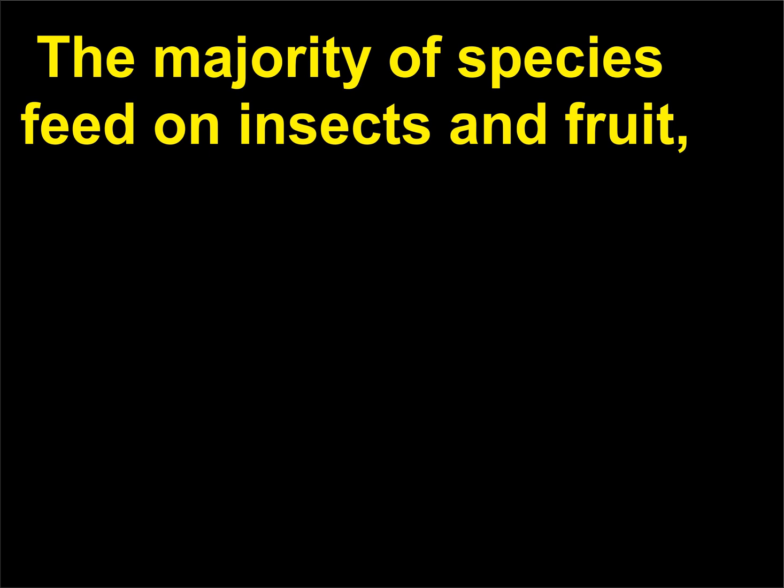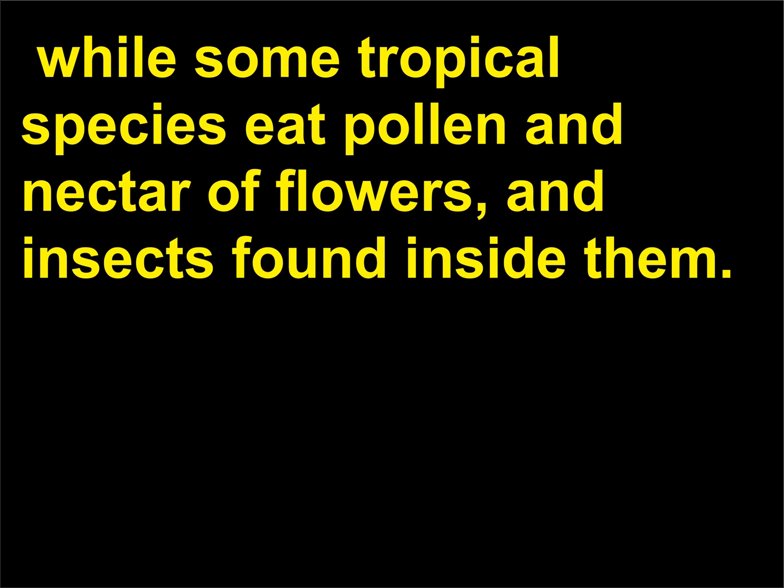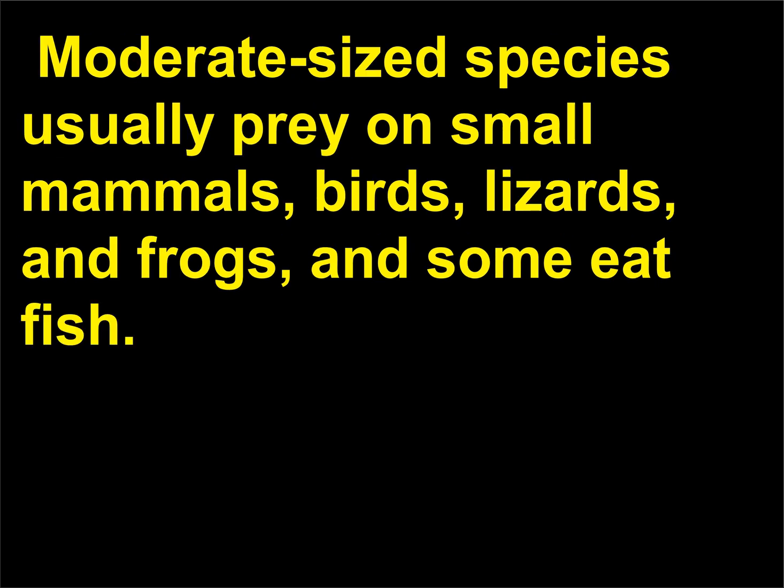The majority of species feed on insects and fruit, while some tropical species eat pollen and nectar of flowers, and insects found inside them. Moderate-sized species usually prey on small mammals, birds, lizards, and frogs, and some eat fish.